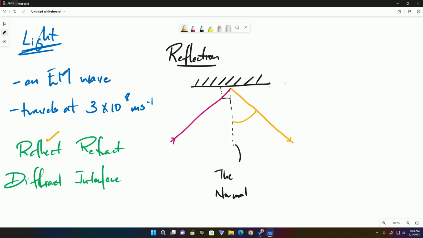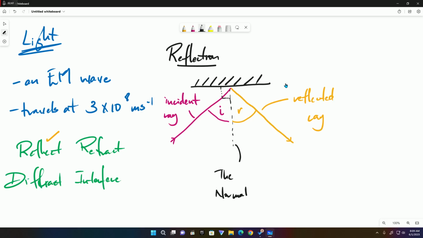This angle is called the angle of incidence. I is the angle of incidence, and this R is called the angle of reflection. This is the reflected ray, and this is the incident ray.